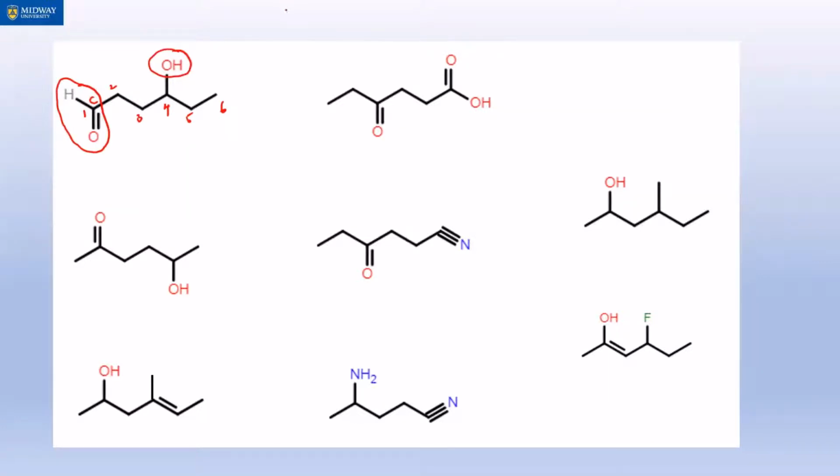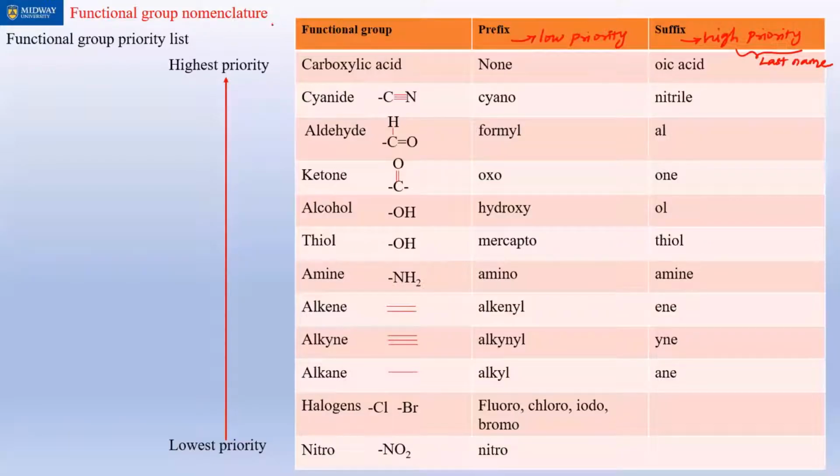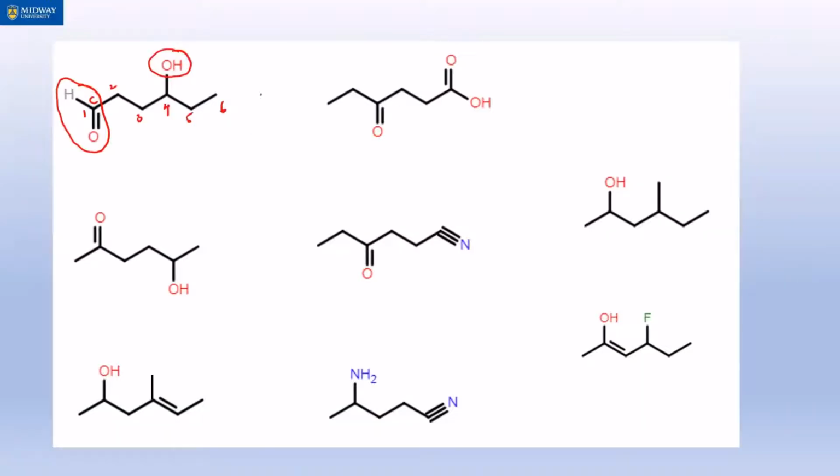If you go back to the chart, if your aldehyde is the higher priority group, then you replace the E of your longest chain alkane with Al. The long chain here is 6, so it's a hexane. We replace the E with the Al, so it'll be hexanal, and that's in the first place, so it's 1-hexanal. That's the last name.